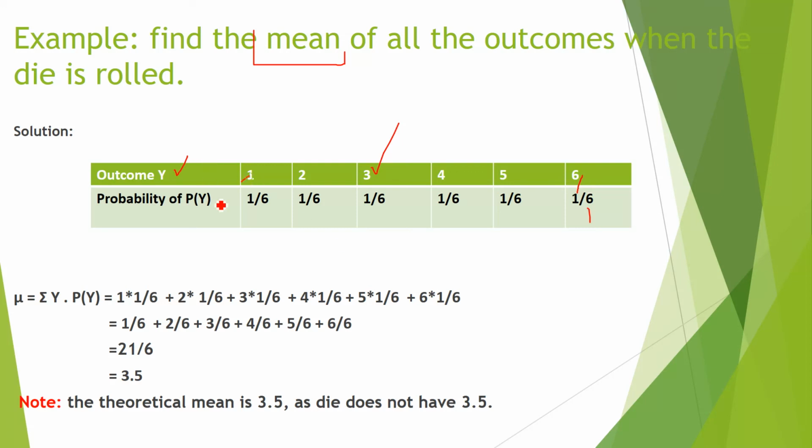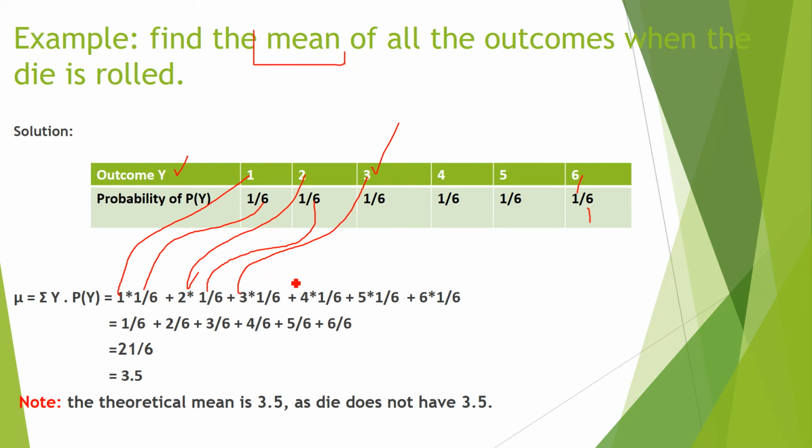So our formula was: 1 is the outcome. What is the probability that 1 will come? This is the multiplication sign, 1 over 6, plus similarly 2. And then what is the probability? The probability is the same. In the case of a die, you have the same probability, but in other examples, if you see different books, there may be different probabilities.